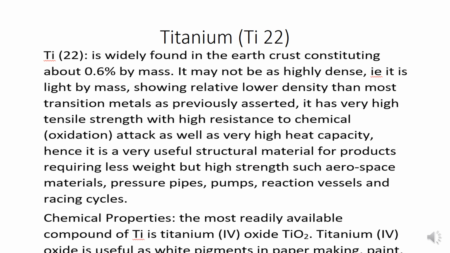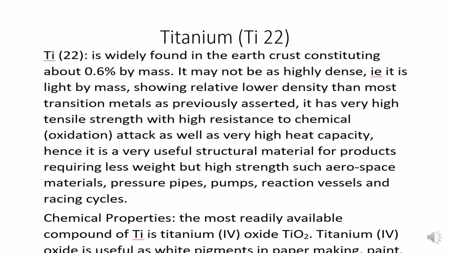Titanium, as we know, is widely found in the Earth's crust and forms about 0.6% by mass of the Earth's crust. It may not be as dense as other transition metals. It is slightly lighter by mass, but it shows a relatively high tensile strength, resistance to oxidation, as well as high heat capacity.